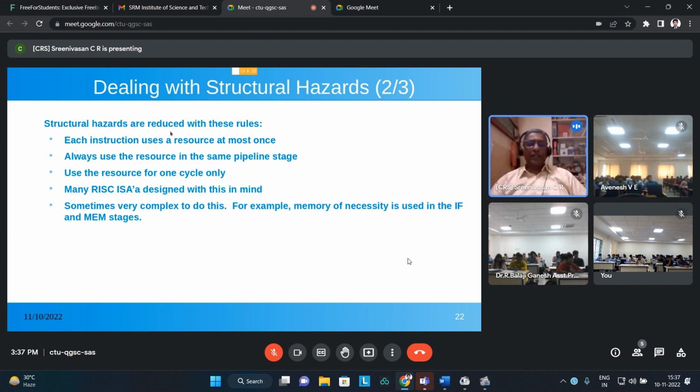So it can be reduced with these rules. If you are a good programmer, what you can do is, when you write a program, make sure that each instruction uses a resource at most once.